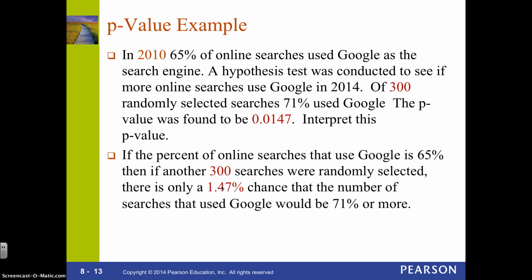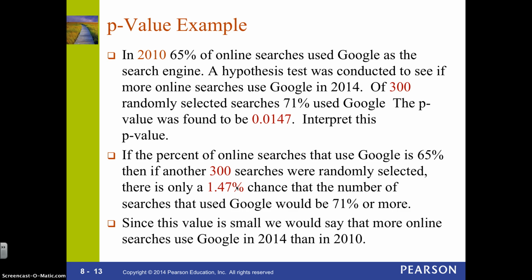What this tells me is that if the percent of online searches that use Google is 65%, then if another 300 searches were randomly selected, there is only a 1.47% chance that the number of searches that used Google would be 71% or more. So it's the probability that you could be this extreme, that 71%, that extreme or more. This looks fairly unlikely to happen again.